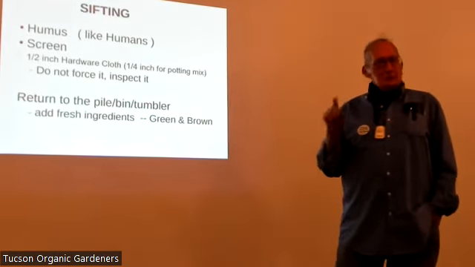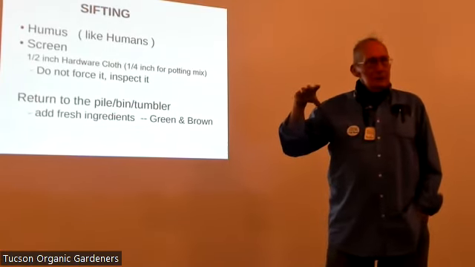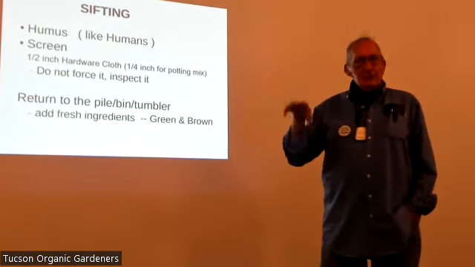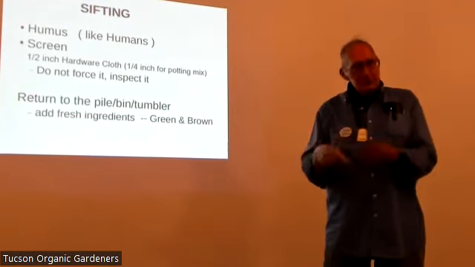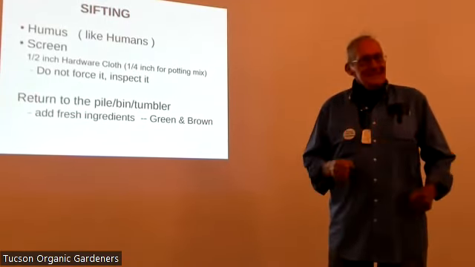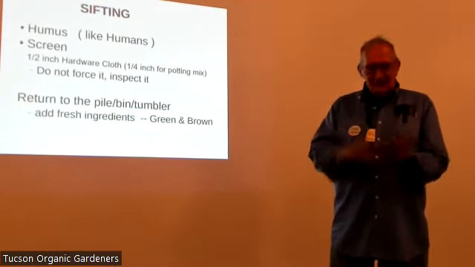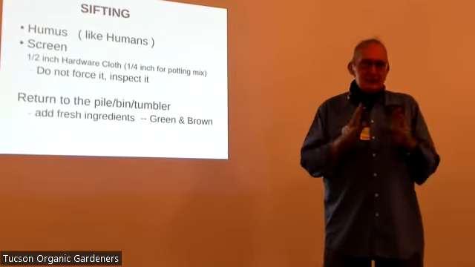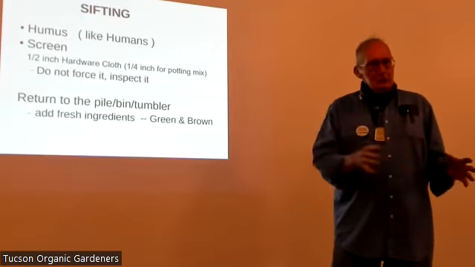What we want to do is get rid of that high temperature decomposition. And go back to that again, we're going to get it up hot. That's not done by the heat of the sun, it's done by the microorganisms working their little tails off. They're really working up a sweat because they've got protein and they've got carbohydrates and they get hot. And there are actually different microorganisms that appear at different temperature ranges.